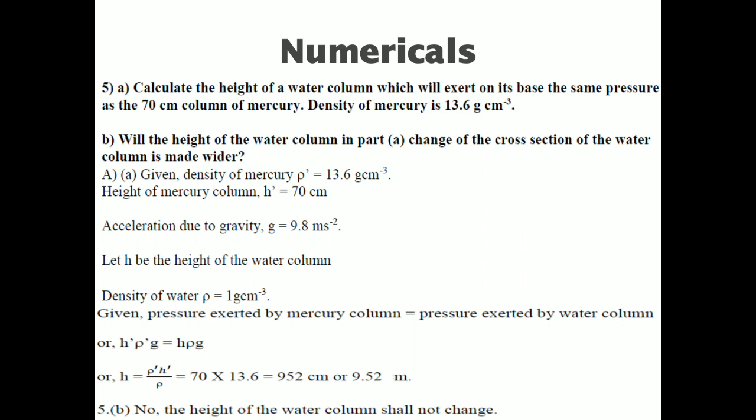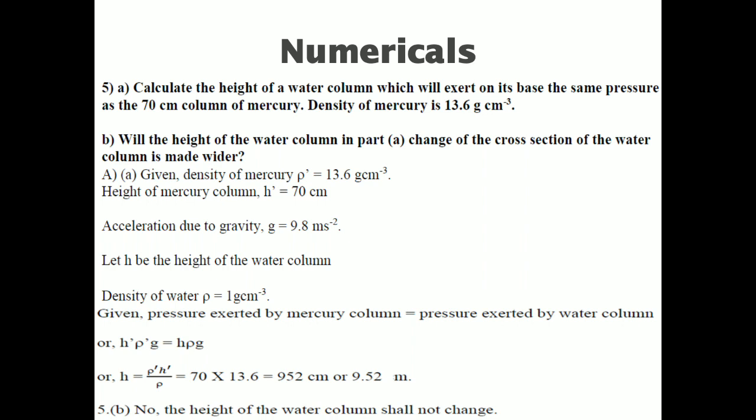We have to calculate H. Ultimately, rho goes to the denominator and G gets cancelled. So the formula will be H is equal to rho dash H dash upon rho. Rho dash, the density of mercury, is 13.6. H dash, the height of mercury, is 70. After multiplying these two, you will get the answer as 952 centimeter. So it can be written as 9.52 meter.